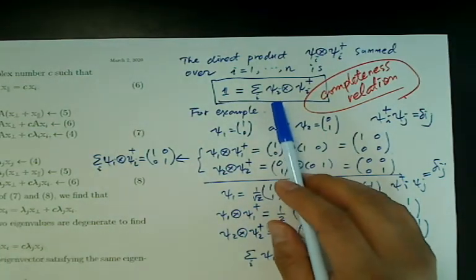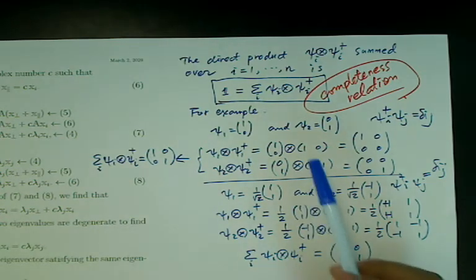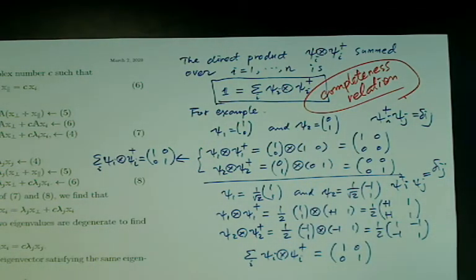So if you have found a complete set of basis vectors, that is, you have identified all of the eigenvectors of the system's eigenvalue equation, and if you have normalized the eigenvectors to unity, then the direct product of each eigenvector and its Hermitian conjugate, summed over all n states, becomes 1.